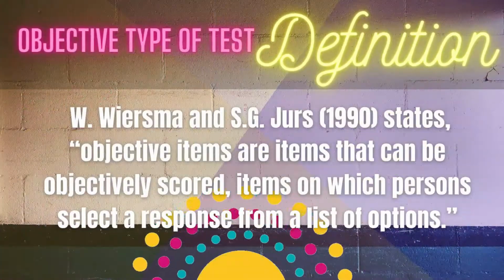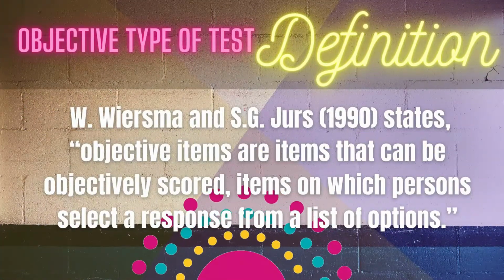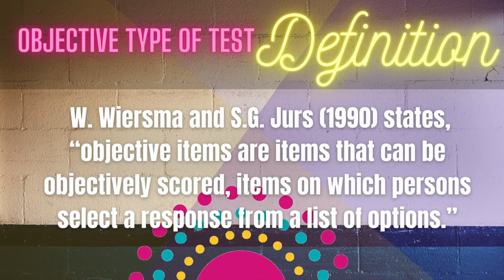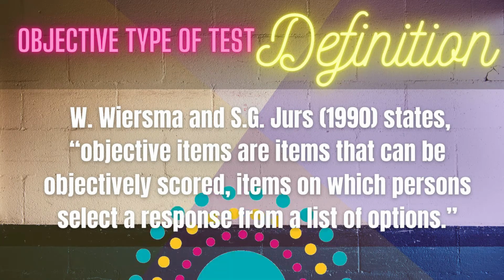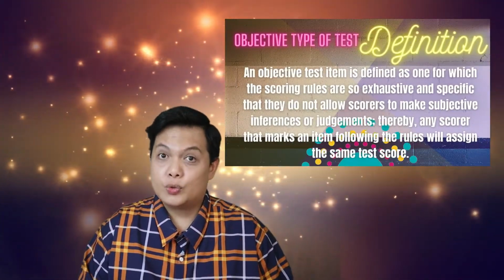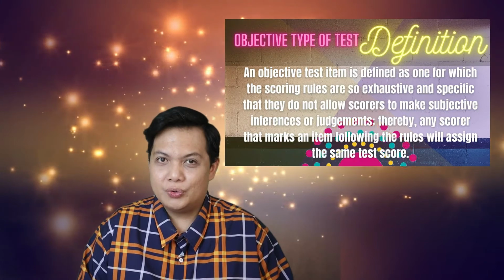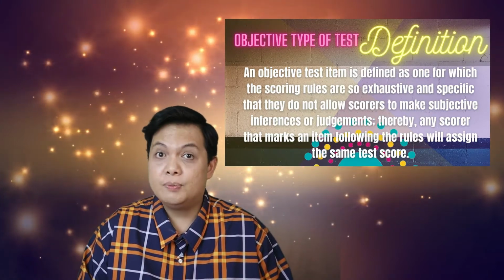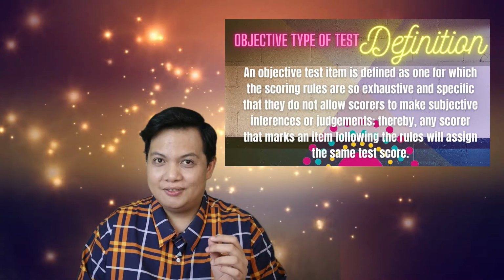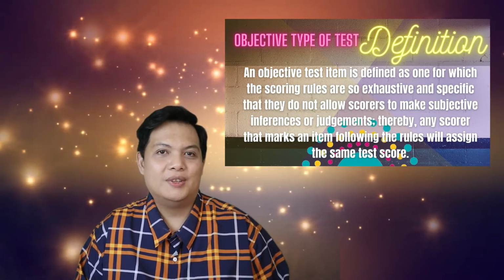So let's start with the definition of objective type test. According to W. Wiersma and S. G. Jurs, objective items are items that can be objectively scored, items on which persons select a response from a list of options. An objective type test is defined as one for which the scoring rules are so exhaustive and specific that they do not allow scorers to make subjective inferences or judgments.